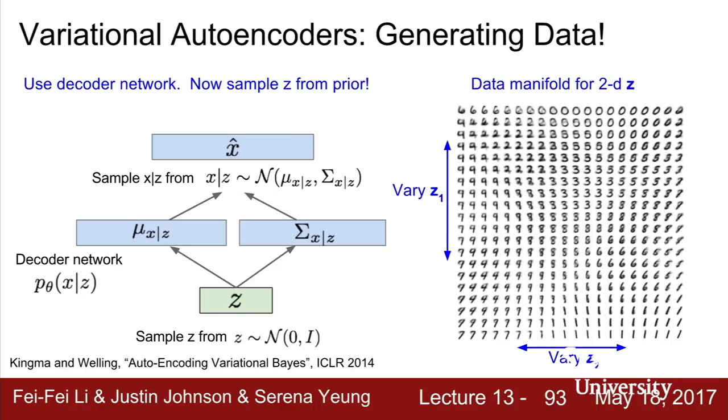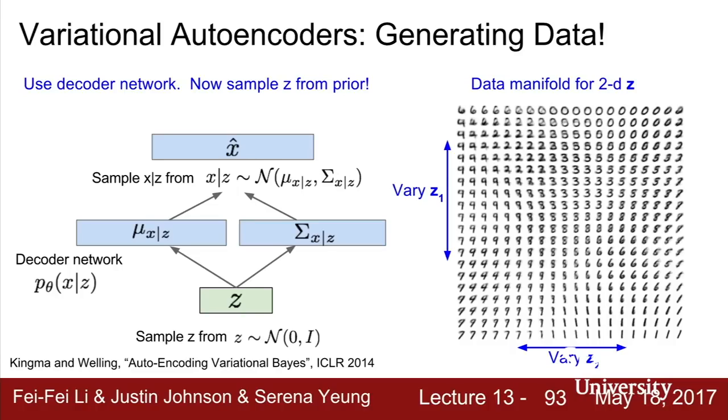And you can see, we talked about this idea of z representing these latent factors, where we can vary z according to samples from different parts of our prior and get different interpretable meanings. Here we can see the data manifold for a two-dimensional z.